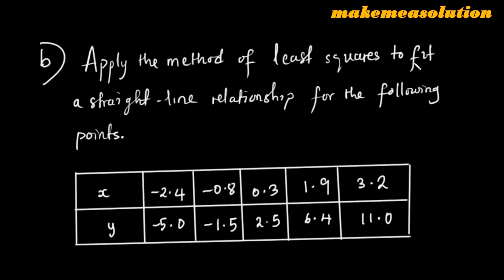Now apply the method of least squares to fit a straight line relationship for the following points. We're given points x and y. We are not plotting any graph, you're not expected to plot a graph in this question. You're just assuming that if I plot a graph out of these values, I need to get a particular straight line.